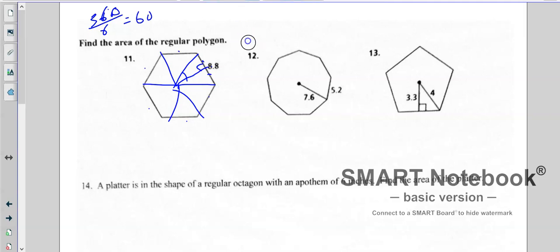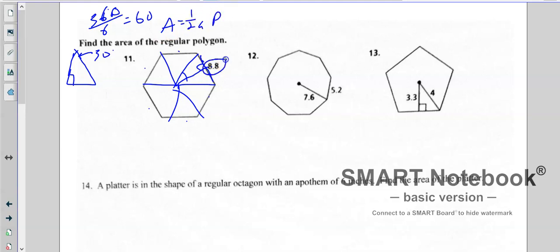I want to draw it over here. This triangle, we divide the 60 in half because it's a bisector, so that's 30 degrees. So we know one side is 8.8. Now remember, area of a regular polygon is 1/2 apothem times perimeter.